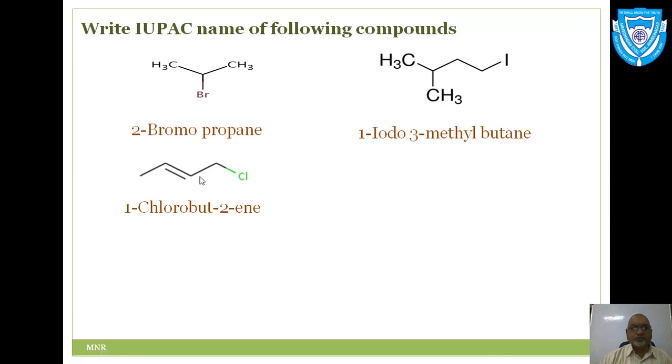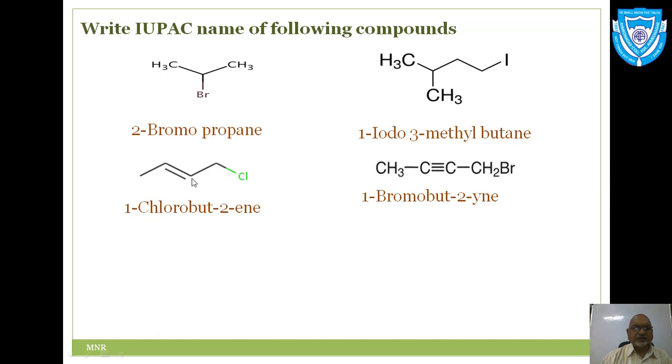Further, if you go to the third structure, CH2Cl, so this becomes the first carbon. The second carbon is here. Between the second carbon and the third carbon there is a double bond.